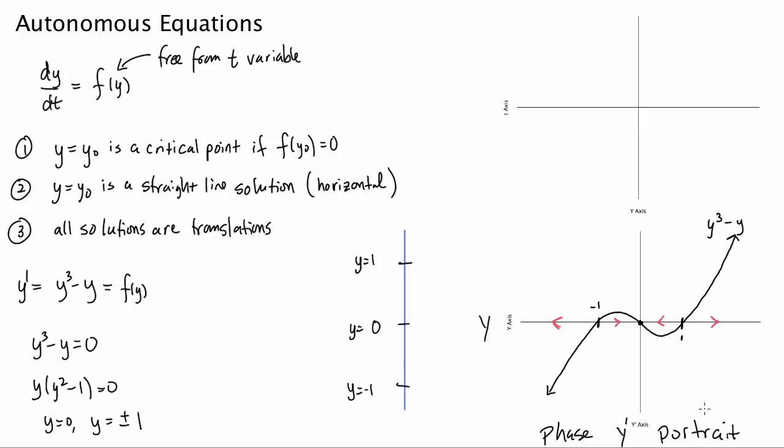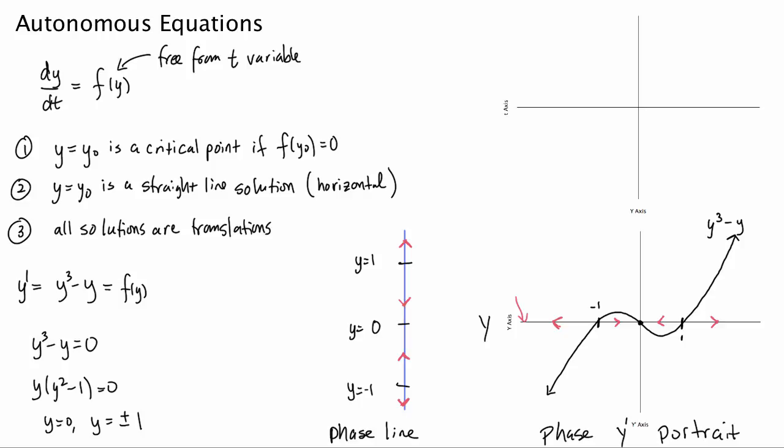To the left of -1 we're decreasing, so we're decreasing below -1. We are increasing in here, we are decreasing in here, and once again we are increasing to the right of 1. So basically I just took this line right here and rotated it vertically, and that's what's called the phase line. So this is the phase line for this differential equation.